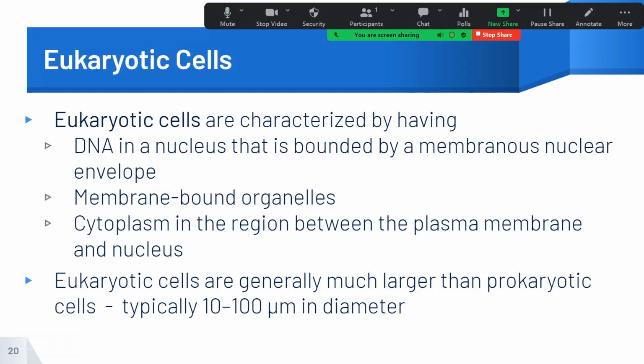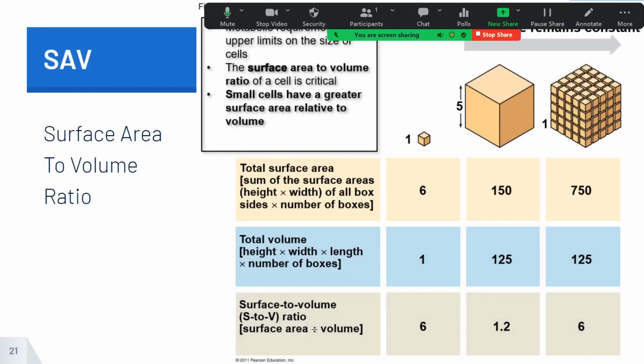They're going to have mitochondria and chloroplasts and vacuoles and lysosomes, all of those different organelles that are membrane bound. And they're generally larger than prokaryotic cells, so typically 10 to 100 micrometers in diameter, so larger than prokaryotic cells.